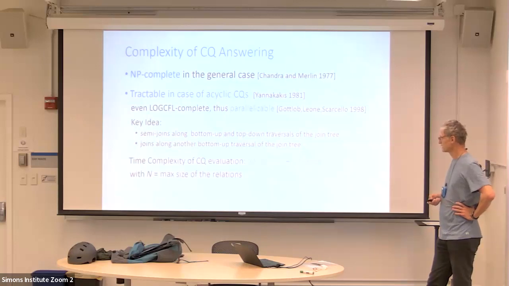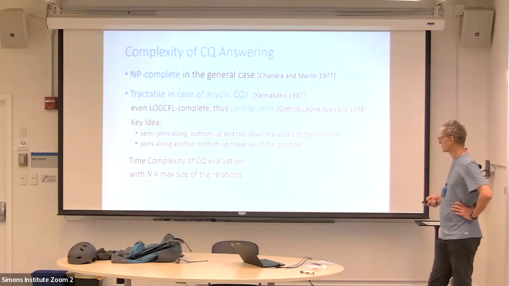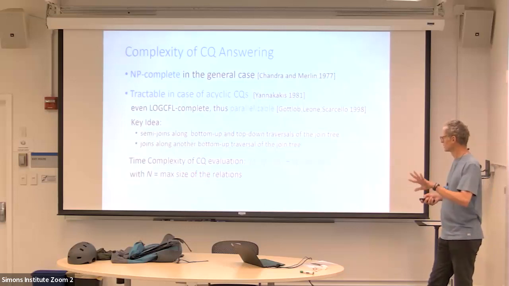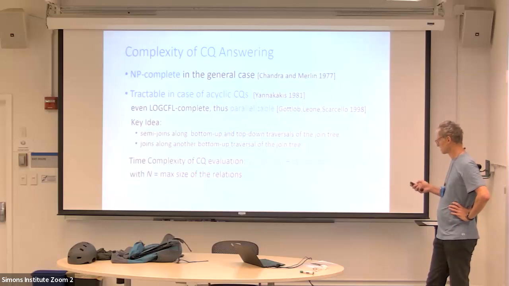And we get essentially this complexity result for conjunctive query evaluation, where I might possibly have forgotten a log factor. It depends on how efficiently you can do the semi-joins and joins, but it's essentially linear in the size of the input and of the output.